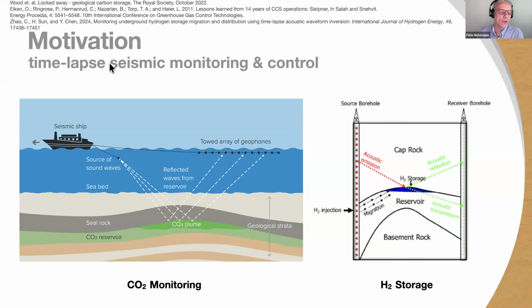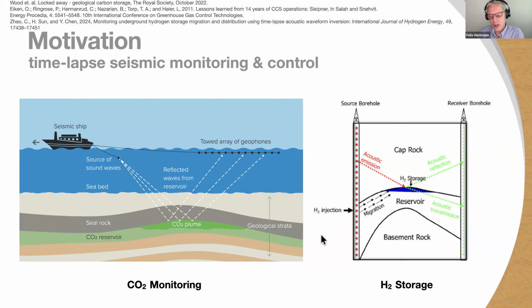Okay, so what are we up to? All right, so there's basically a need for CO2 monitoring. We feature it a little bit less prominently given the current political climate, but that was one of the main, but not only drivers of doing this, where you inject CO2 in the subsurface and you want to monitor what's going on and you want to control what's going on.